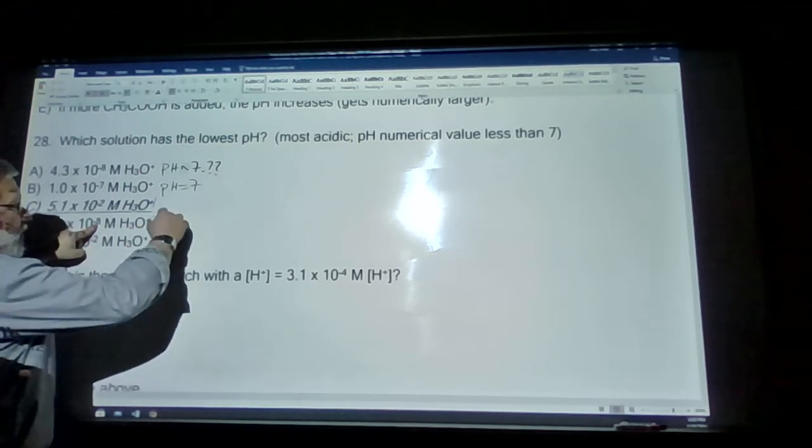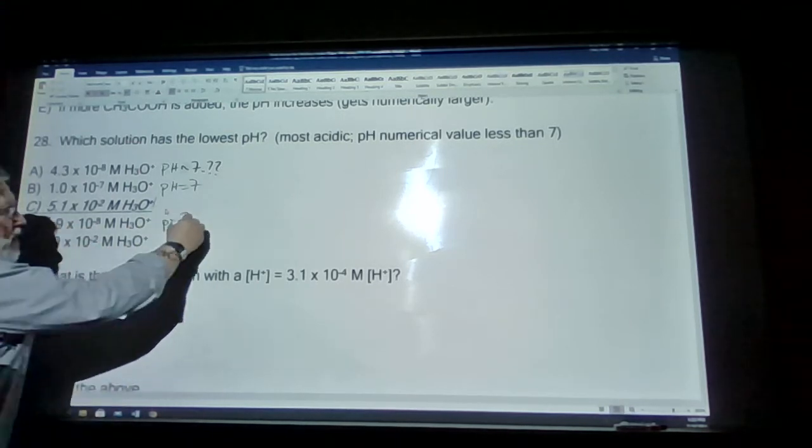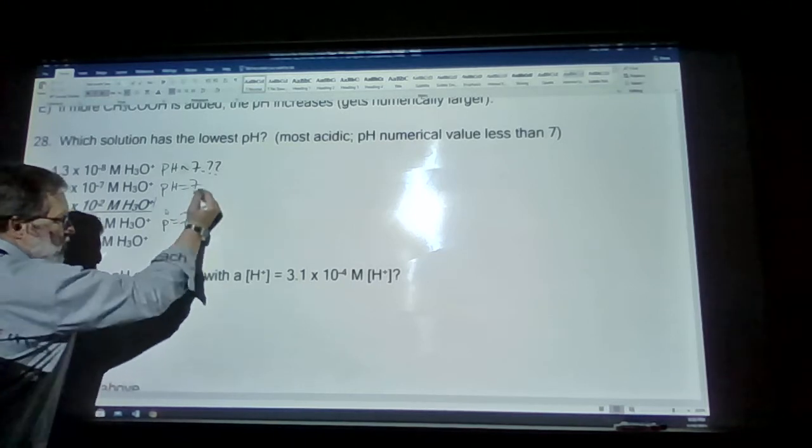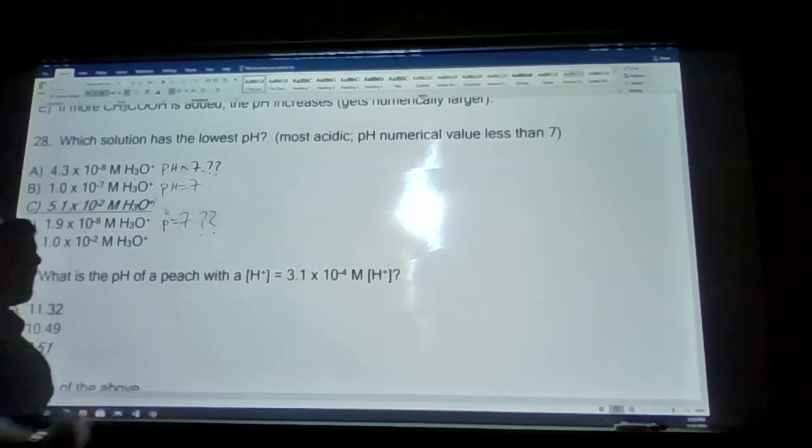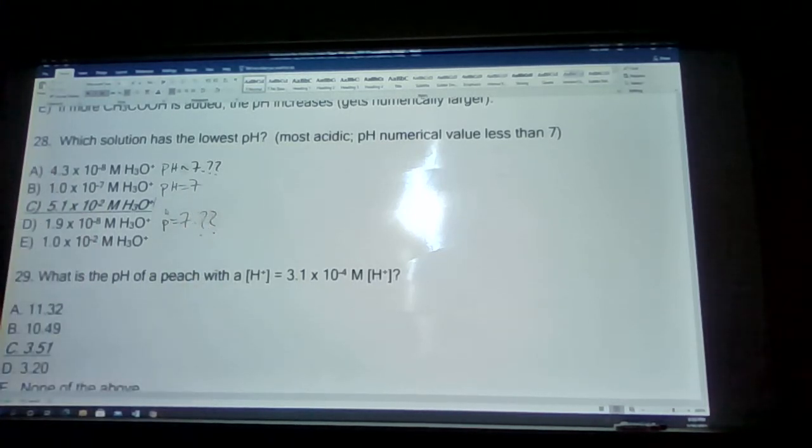So the pH here is about 7 point something something. I don't know what those two numbers are right off the bat, but we got pHs of 7. We have two values here that are much larger than these guys. So it's going to be either E or C.